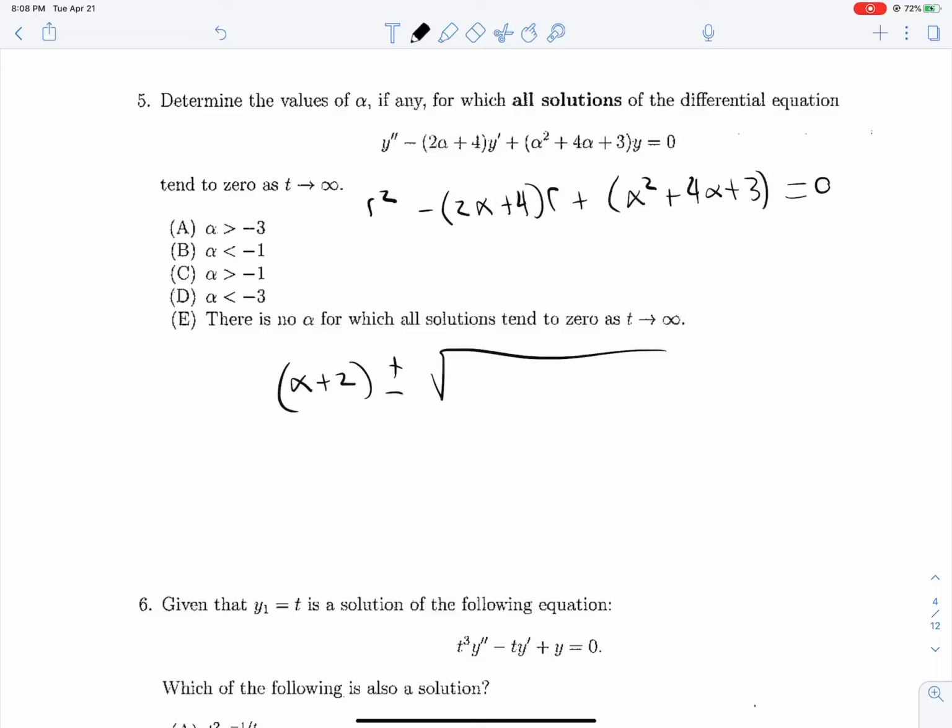It shouldn't matter what's in there. That said, the solution that I'm getting here, you would think would just be alpha less than negative 2.